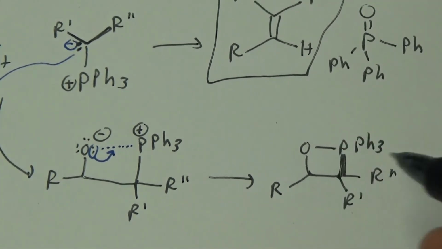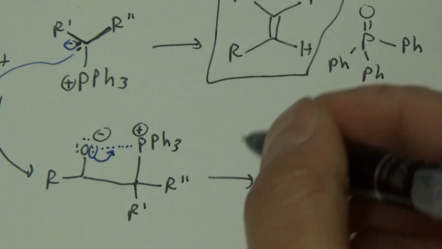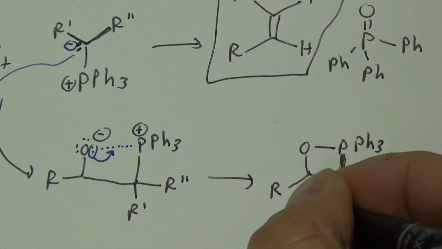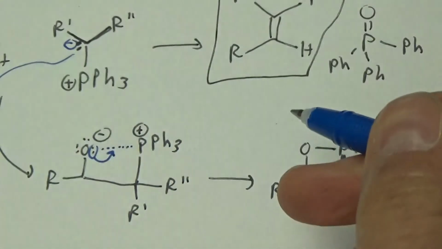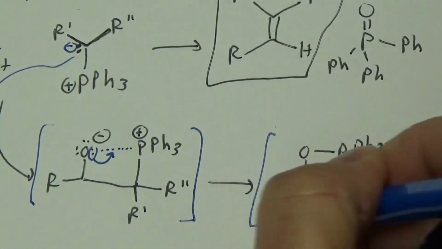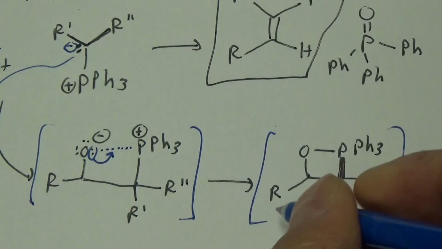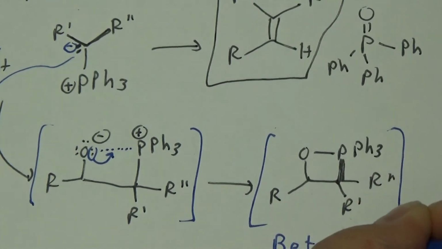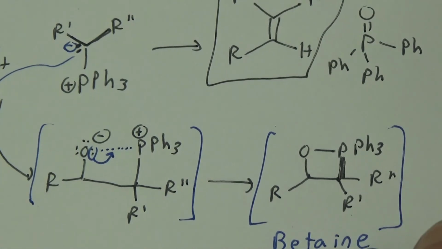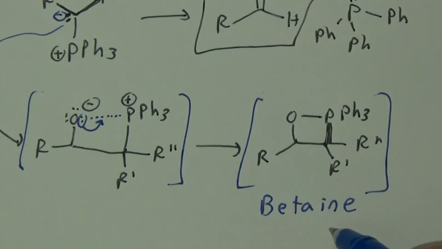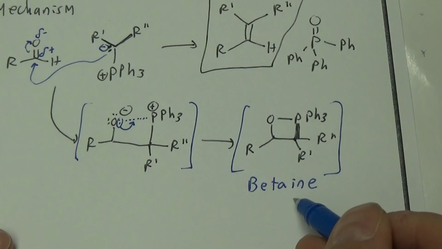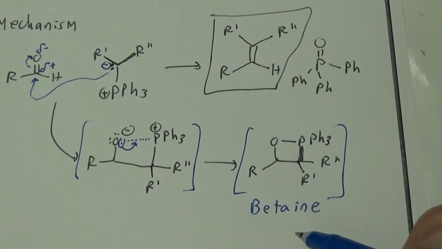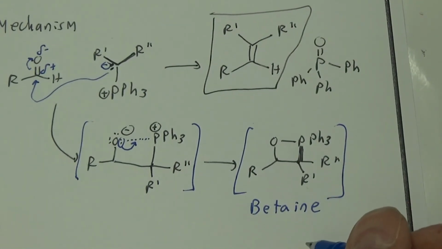It just makes a little four-membered ring, okay? This has a name. I never understood the name, but let's put brackets around the intermediate. The name of this is called betaine. If I was pronouncing it, I'd call it betane, but the correct pronunciation is betaine, and I don't really know what the history of that is.